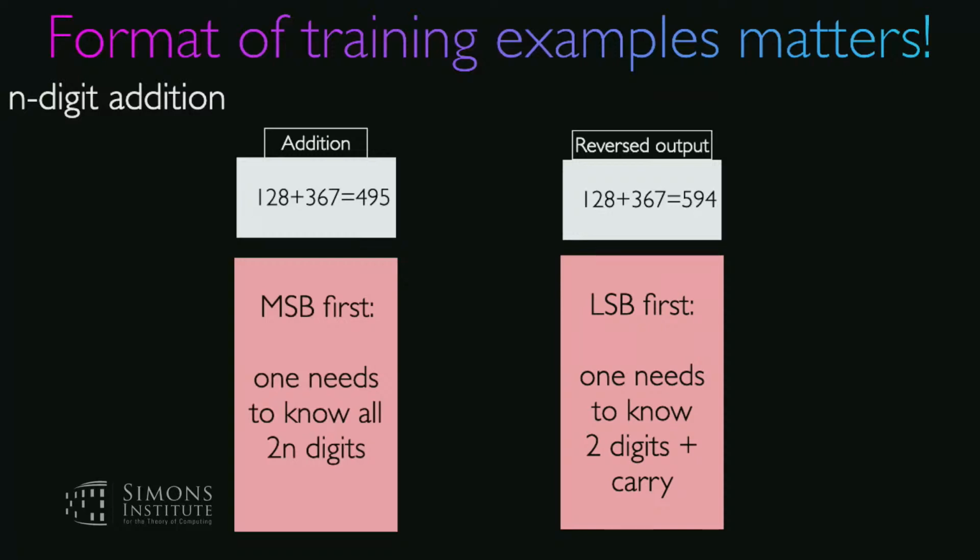However, if we simply reverse the output, so the training data now consists of the reversed version of the addition, and we train the model to output in the reverse way, the model now only needs to find a mapping of just 2 digits at the corresponding digit position and the carry-on to perform the addition correctly.